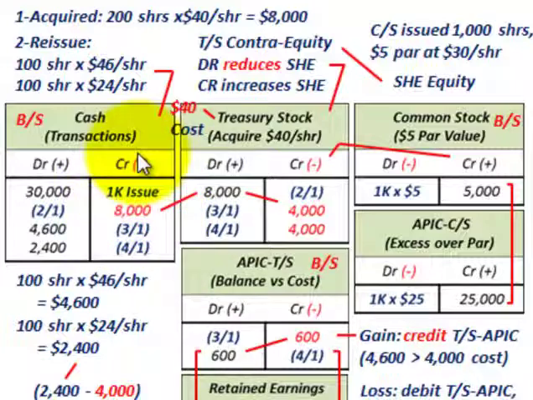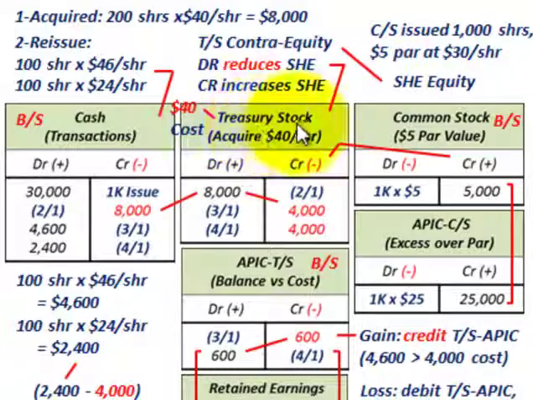Now, let's look at the first case, and we'll start with our cash account where we're reissuing our treasury stock. So we've got 100 shares at $46 per share. What that would mean is you debit your cash. We're going to receive $4,600 for reissuing those 100 shares of treasury stock at $46 per share. So debit your cash, increase your cash, for $4,600.